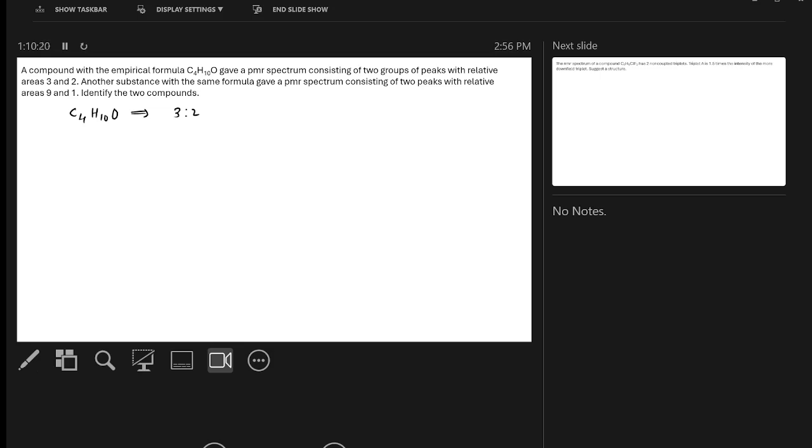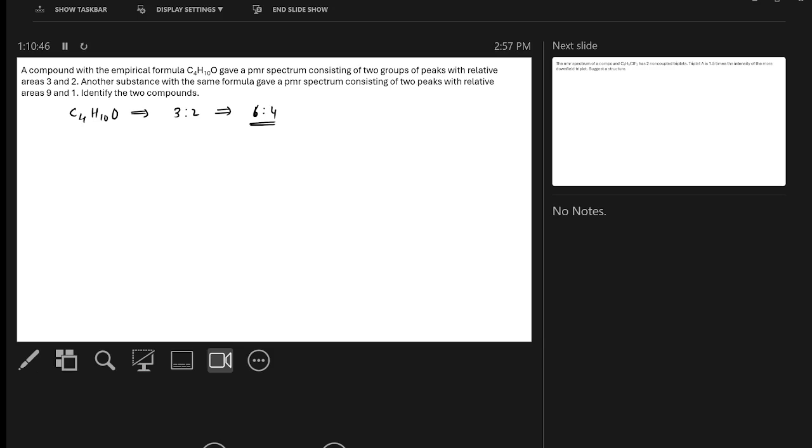So it must be double, so 6:4. So there are only two types of protons. In those two types, 6 protons are equivalent and the other 4 protons are equivalent. So there are two different categories of protons.